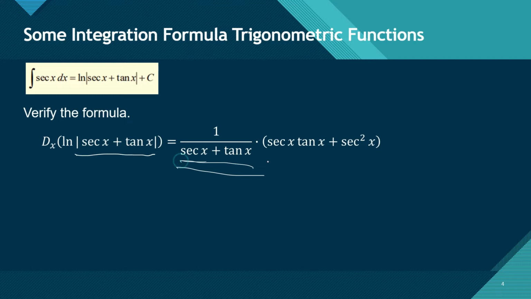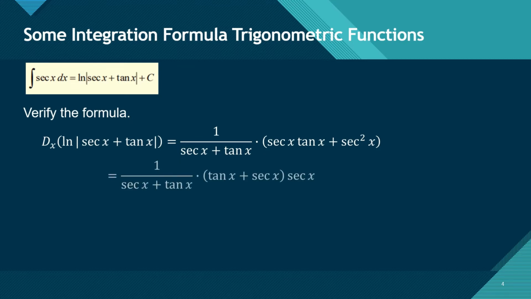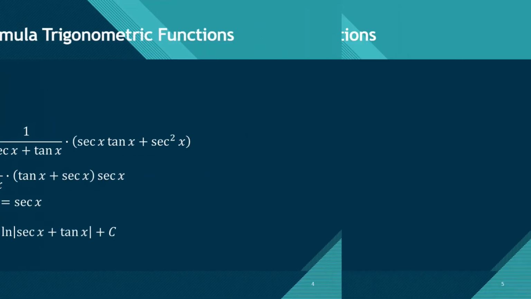The derivative of this is secant x tangent x, and the derivative of tangent of x is the square of secant of x. Let us factor out secant. And so these are common factors. You are left with secant of x. So that's it, okay? So that is how you verify a formula. You just apply your fundamental theorem of calculus.